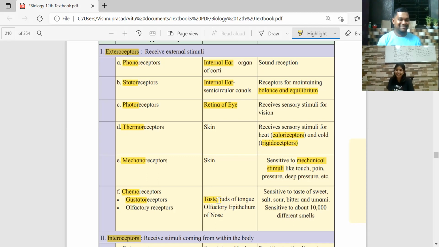To detect smell, olfactory receptors are included. Olfaction means whatever is in the air around you enters the nose, and inside the nose there is mucus. The chemicals dissolve on the mucus membrane, and your nose is able to detect that smell.